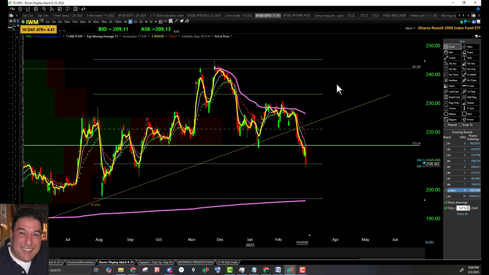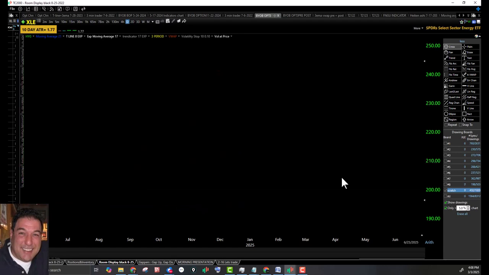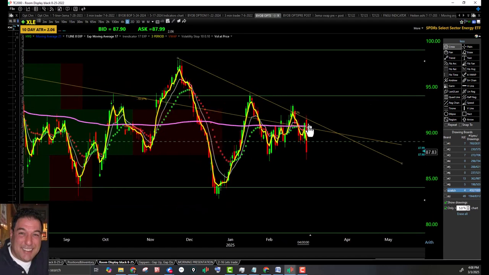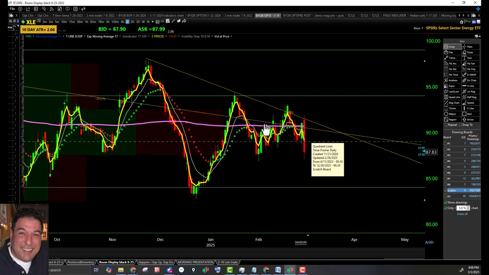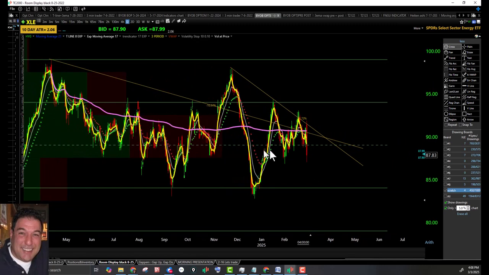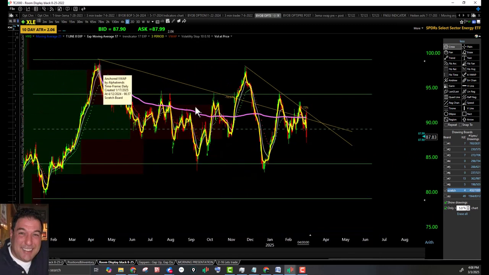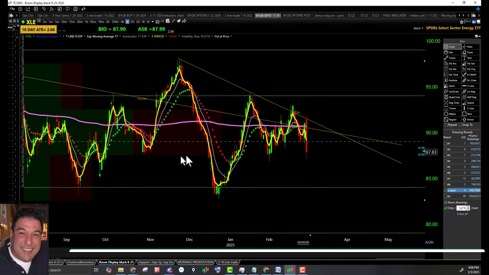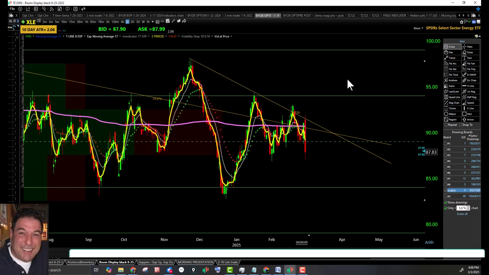Let's take a look at XLE. Actually, yeah, XLE. All right, XLE, same as the other candles, higher high, lower low, closing under a bearish trap, under the 17, under the downtrend line, under the other downtrend line, under the 12-month high anchored VWAP, down here in quadrant 2, just neutral right there.